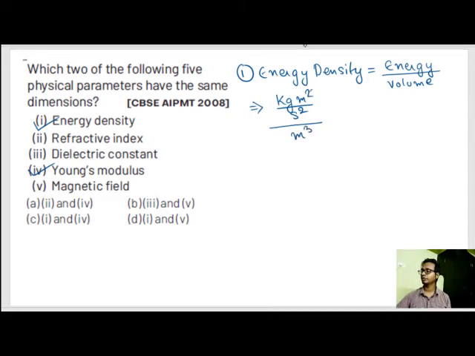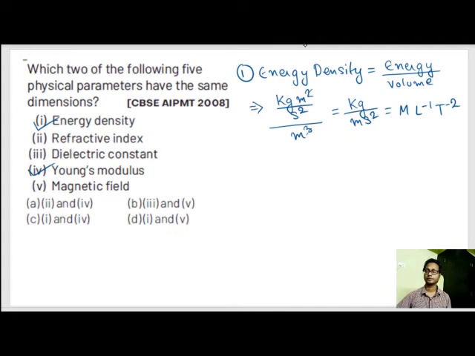So meter square and meter cube get cancelled to form meter, giving kg meter per second square. This is the unit of energy density. In dimension it would be M L to the power minus 1 T to the power minus 2.